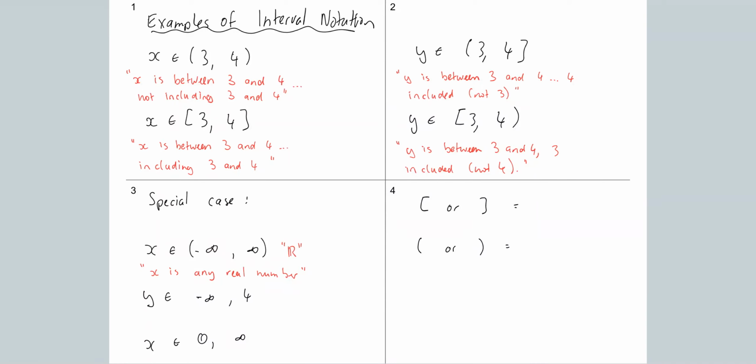If I wanted to just describe something which takes all y values up until 4, I could do that. I'll use that mixture there just for the sake of it. So that would mean y is any real number less than 4, including 4.